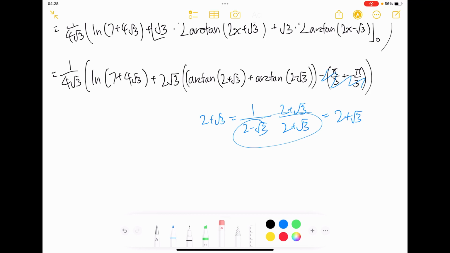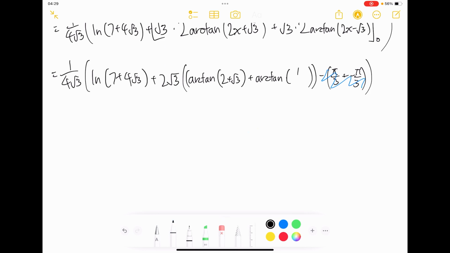So, because they are reciprocals, this is actually 1 over 2 plus root 3. And we know that if you reciprocate an arctan, it's the inverse cotangent. So, we have inverse cotangent of 2 plus root 3.